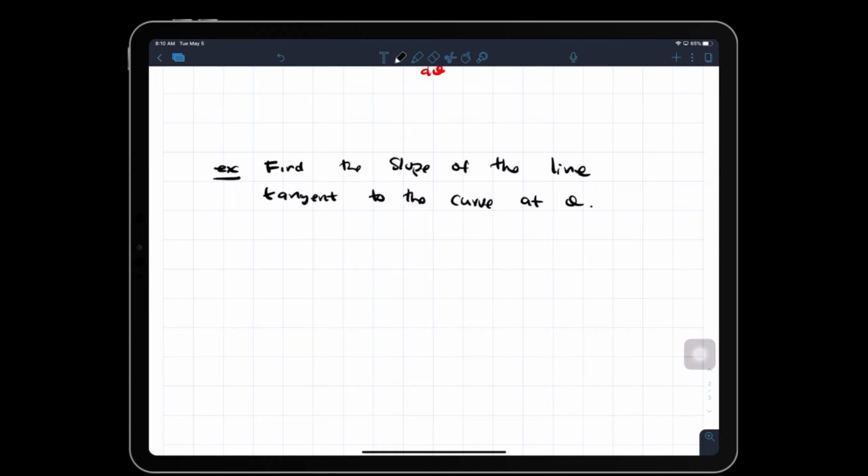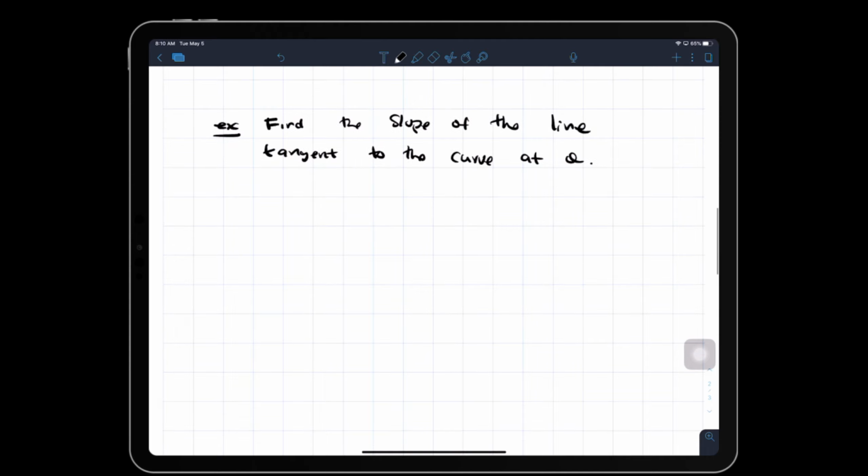That's what they want us to look at, right? So let me give you the first example. We have to define the curve. r here, let's say, is 2 minus sine theta, and theta here is pi over 3.